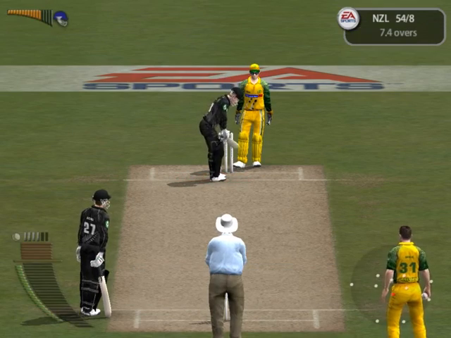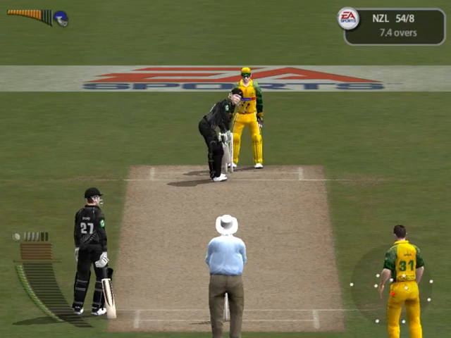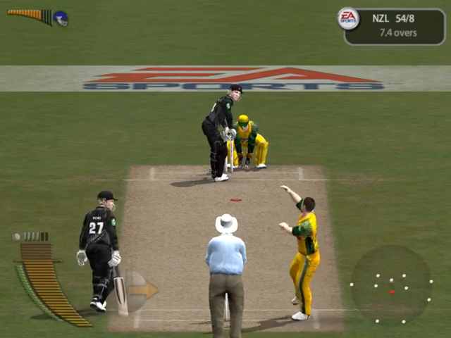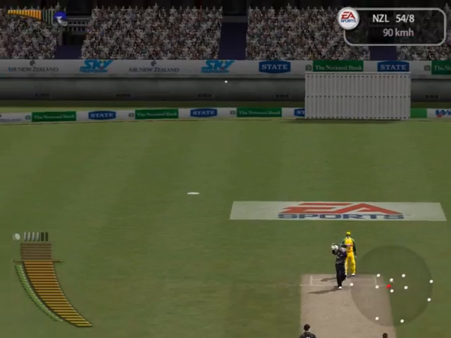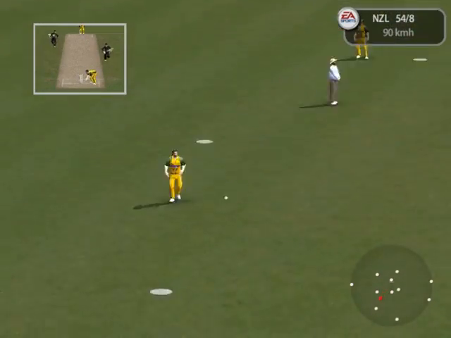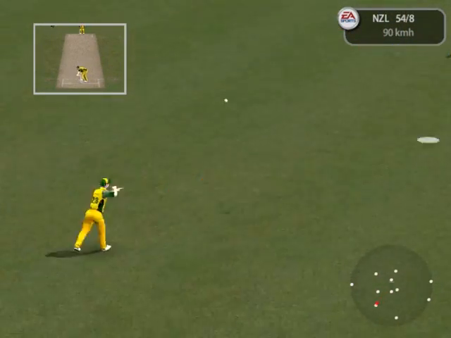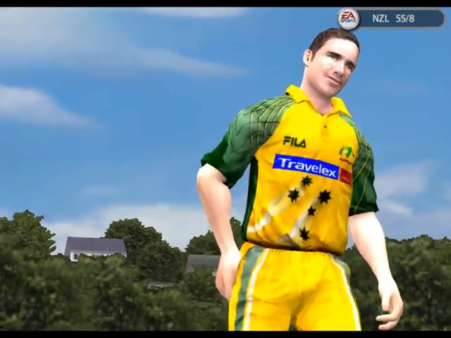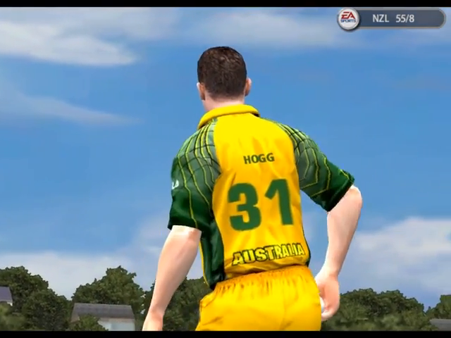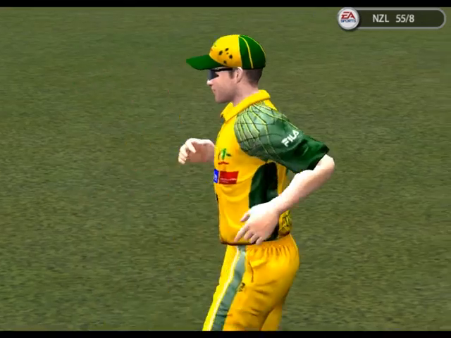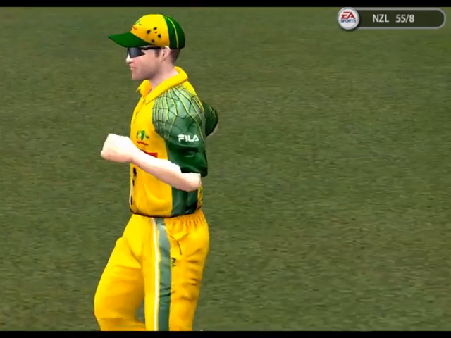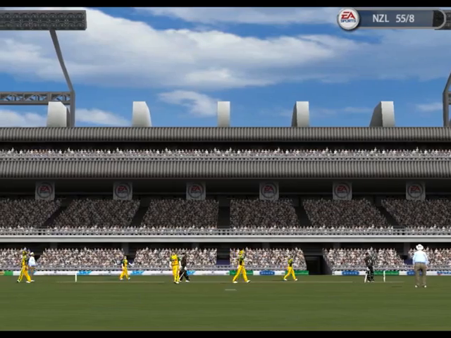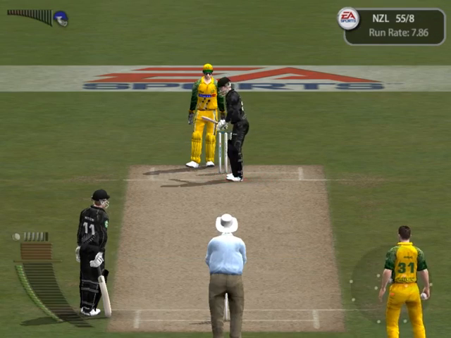Hogg to Vettori. There it goes. That brings the scores level, so they need 1 to win from 13 balls. Hogg continues.